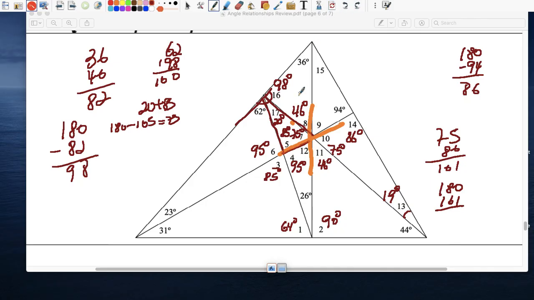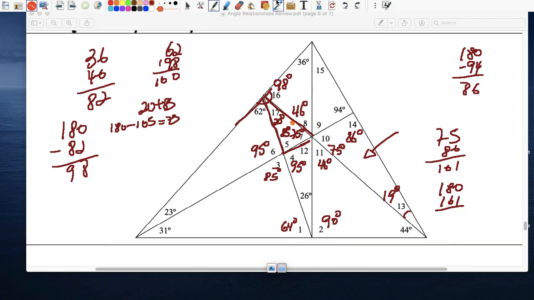I think I used the wrong number. Let me retrace. Let me go back. That's okay. Sorry, angle 4 was 95, not angle 12. So my mistake. And this is all good.